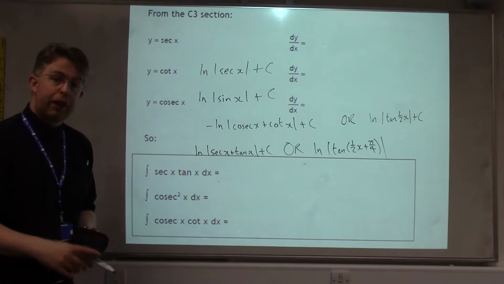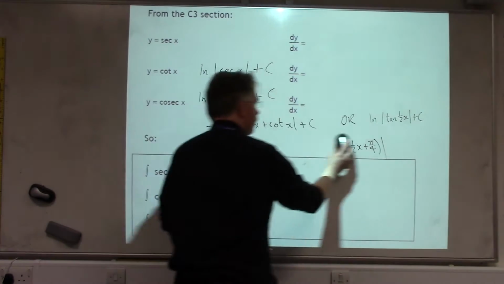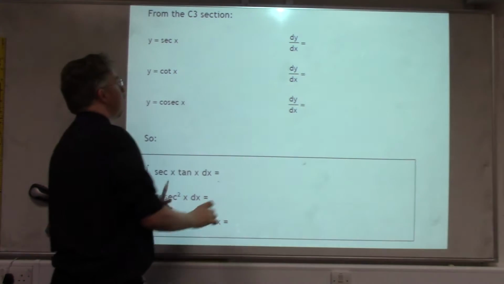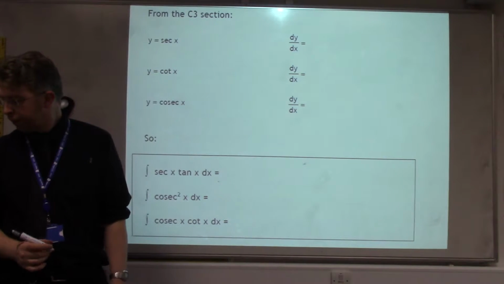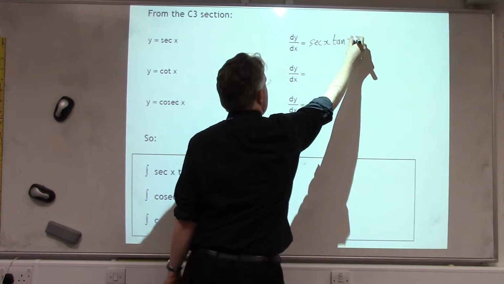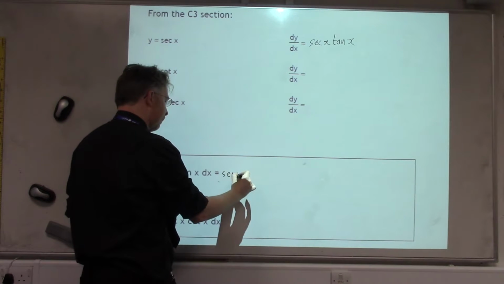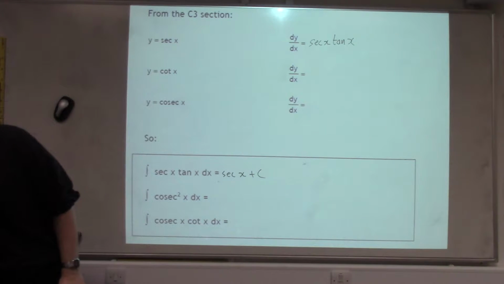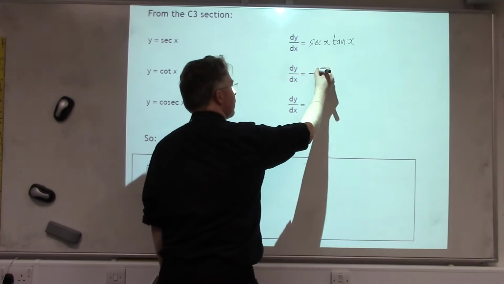Also in the C3 section we have various differentiations, derivatives, that we can reverse to find their integrals. So sec x differentiates to sec x tan x. So if we're integrating sec x tan x, it integrates to sec x plus c. Cot x differentiates to minus cosec squared x.